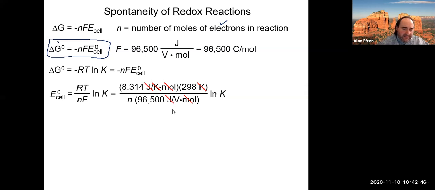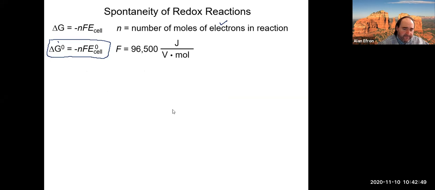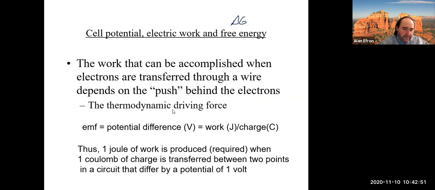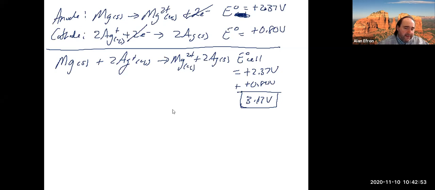So what that means, for example in our previous example, if we were looking for what n would be, there's 2 electrons here, there's 2 electrons here. The electrons here are the same electrons. These electrons that are being lost by the magnesium in this case are being gained by the silver.